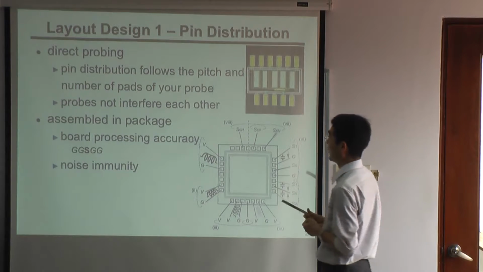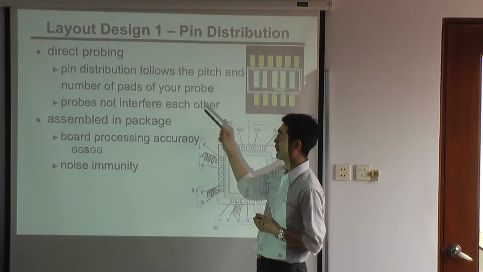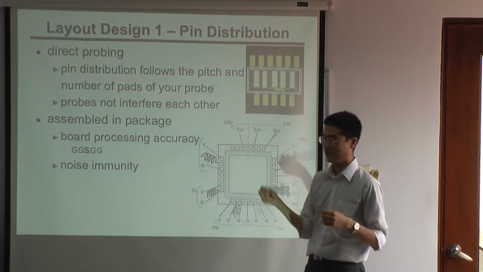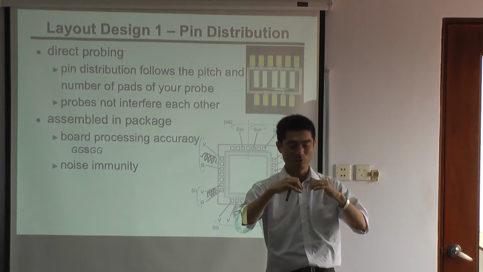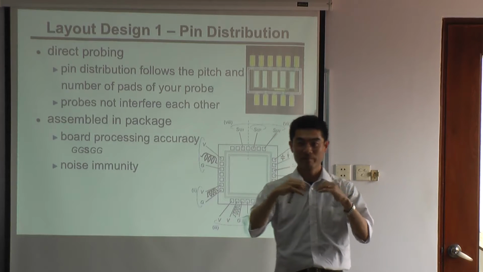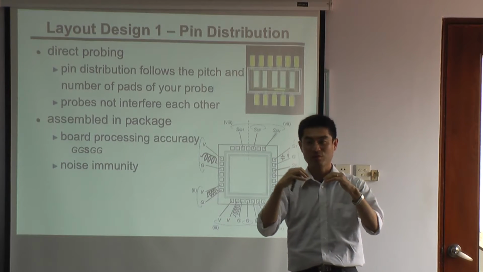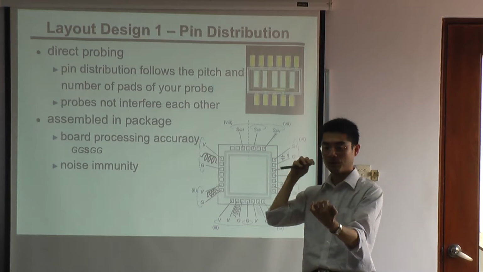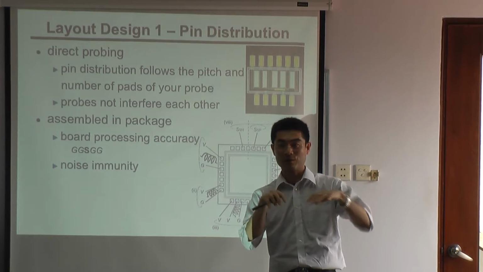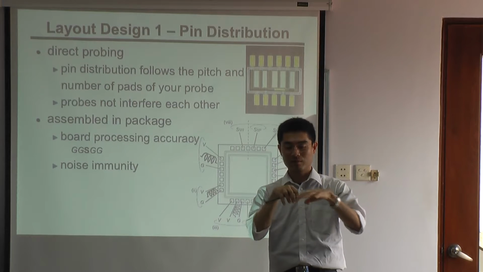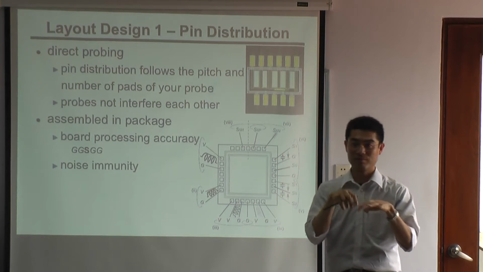And then the other thing you have to consider is that probes like here should not interfere with each other. From 2 directions it might be okay, but from 4 directions the probes sometimes interfere with each other, and we cannot probe.